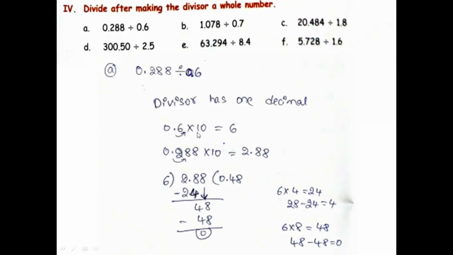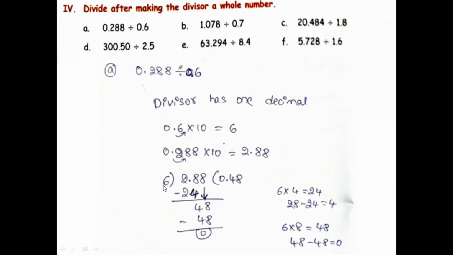When we have one decimal place, we should multiply with 10. 0.6 into 10 equal to 6. 0.288 into 10 equal to 2.88. 6 is the divisor. 2.88 is the dividend.